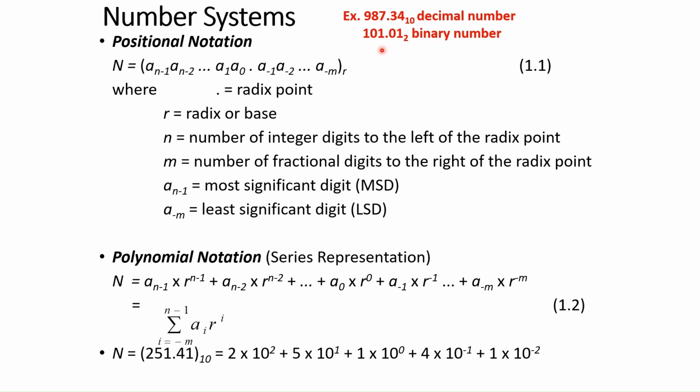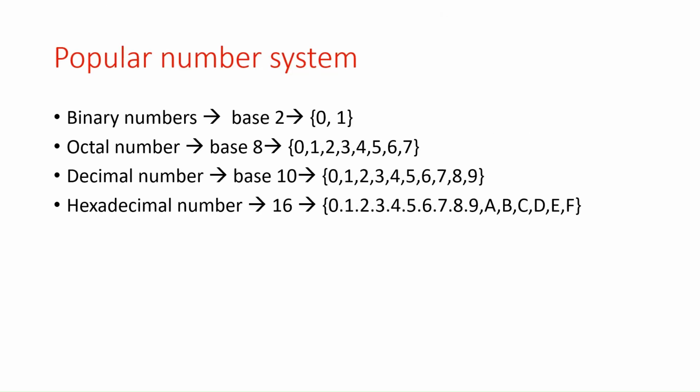So this number 101.01 with a subscript 2 represents 5.25 in decimal. This way of representing the number in polynomial notation and evaluating its value transfers the number from that base to its value in decimal representation.